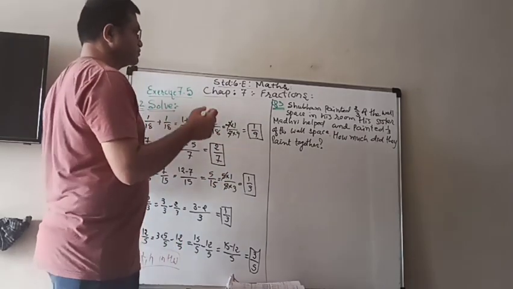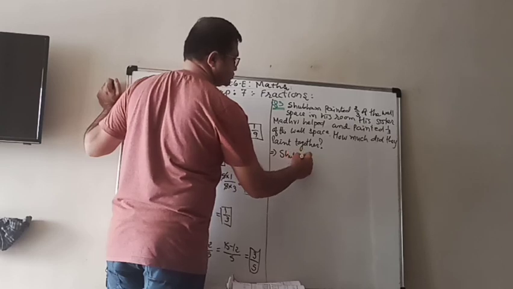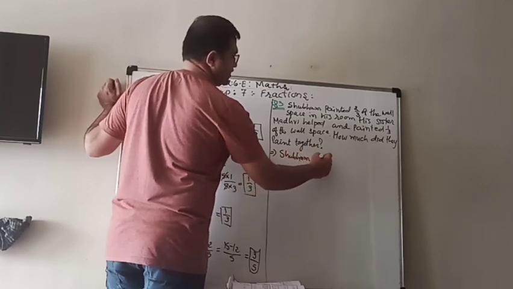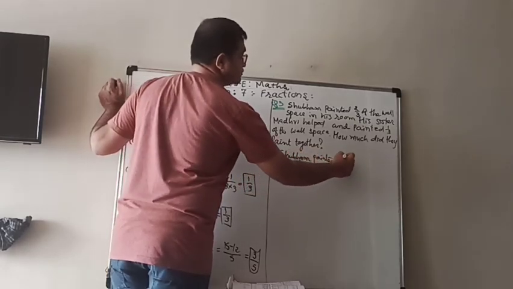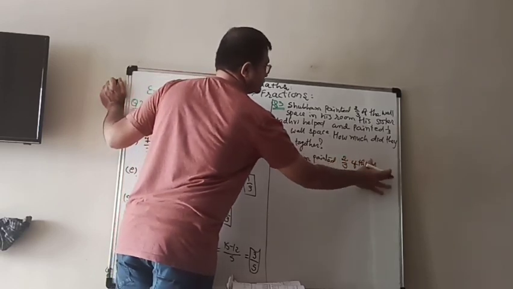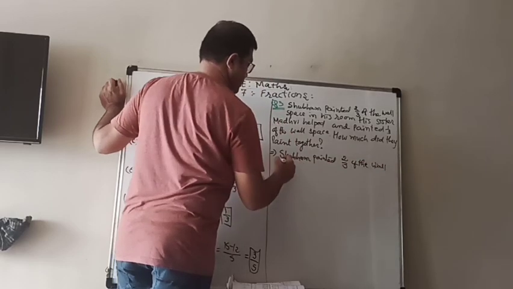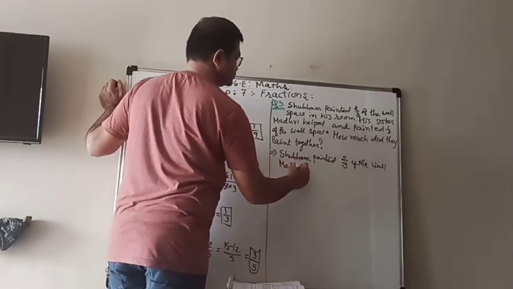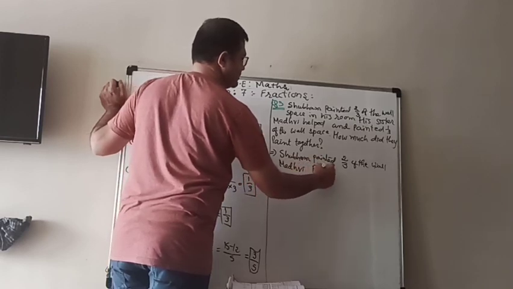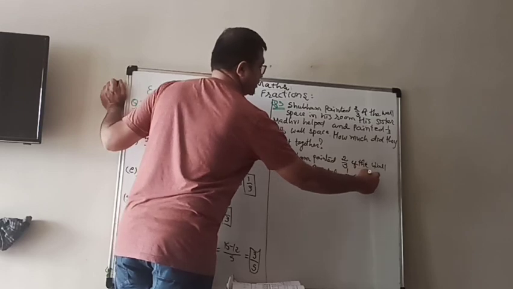So here Shubham painted 2/3 of the wall and Madhvi painted 1/3 of the wall.